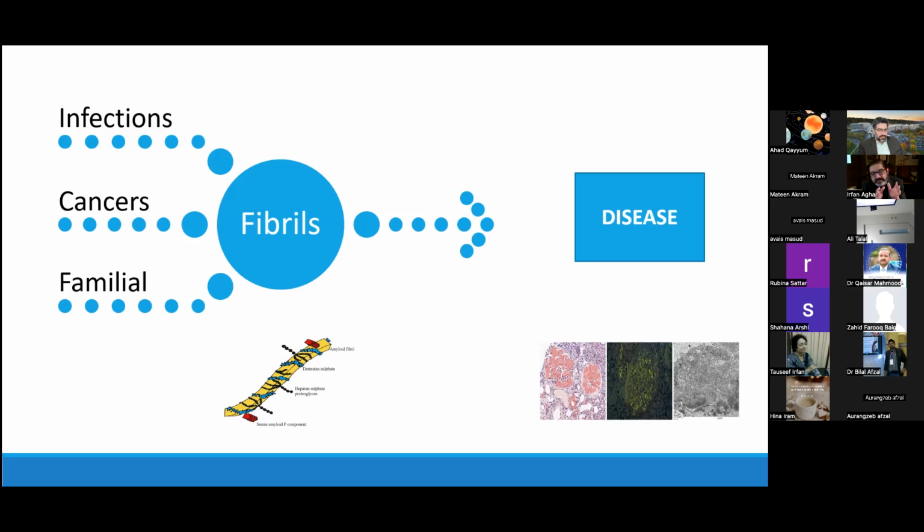But once these fibrils are generated, they start laying themselves down in various organ systems, and that's how they cause disease. That's the paradigm of amyloid. This is not a complicated disorder. Due to whatever reason, you have these fibrils generated. These fibrils are all the same when it comes to some properties. When they deposit in various organs, they're going to cause disease.